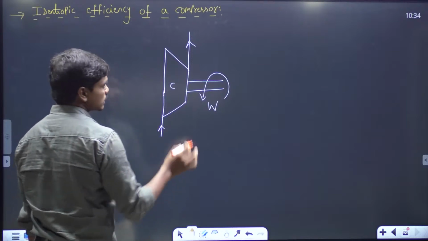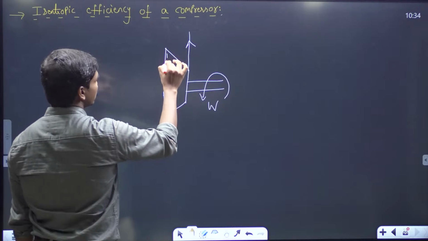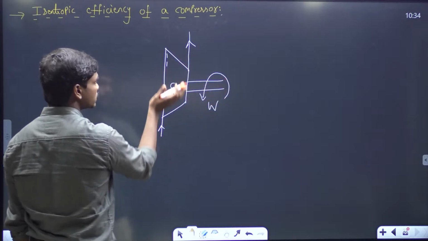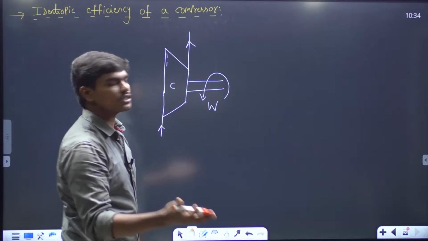Correct? This is the construction of a compressor. So we'll be putting in some fluid which is at some energy level, and you'll be adding some work, because of which the energy of the fluid will get increased. And generally compressors increase the pressure energy of the fluid.